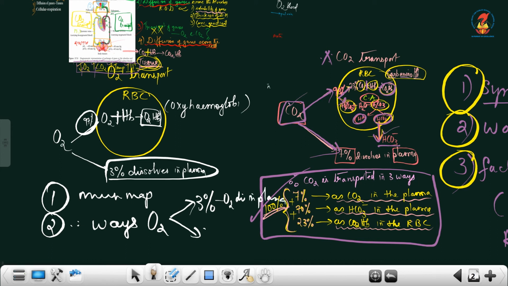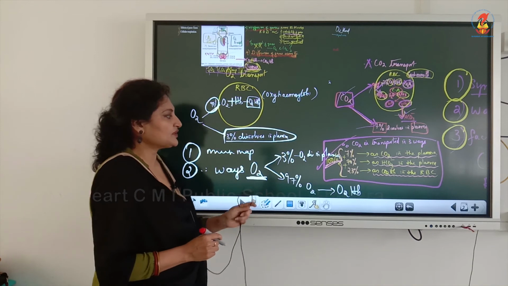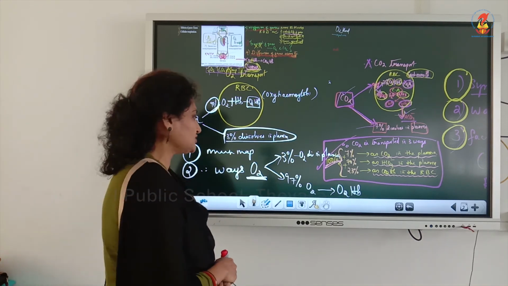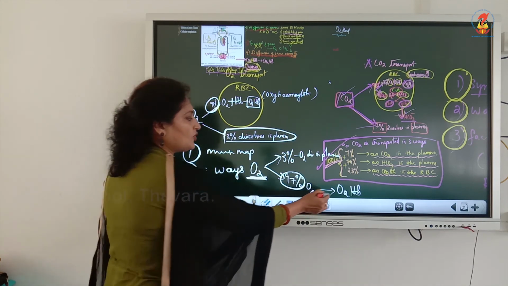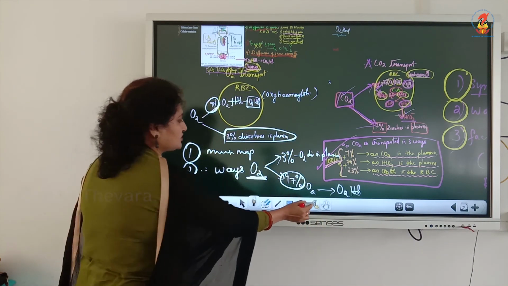And 97% of oxygen combines with hemoglobin and it is transported in which form? As oxyhemoglobin. I hope this is clear. So therefore oxygen is transported in two ways: 3% as oxygen itself in the plasma in dissolved state and 97% combines with hemoglobin to form oxyhemoglobin. Very easy is the oxygen transport.